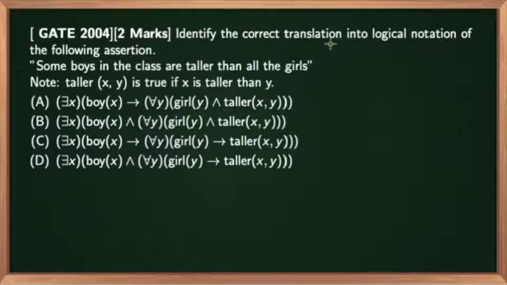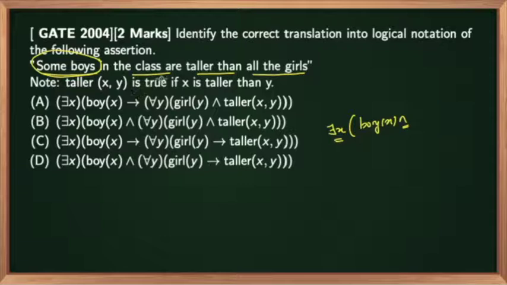Identify the correct translation into logical notation of the following assertion. Some boys in the class are taller than all the girls. So we have some boys, right? That means there exists an X, boy of X, and since I have there exists an X, definitely this should be and, right?